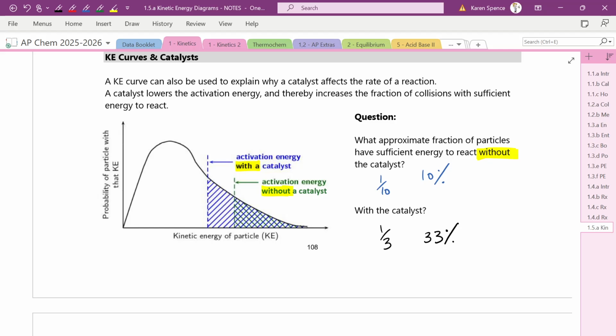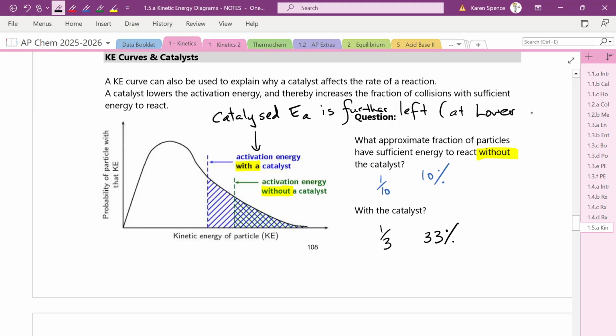The catalyzed EA is further left, at a lower kinetic energy. Alrighty, and like I said, there's not much more to it than that. It is a good review of Maxwell-Boltzmann diagrams for gases as well.